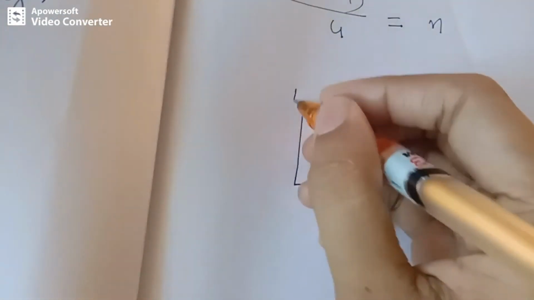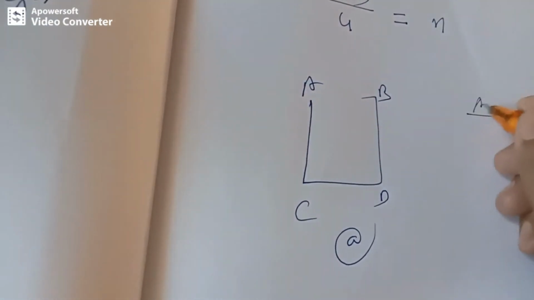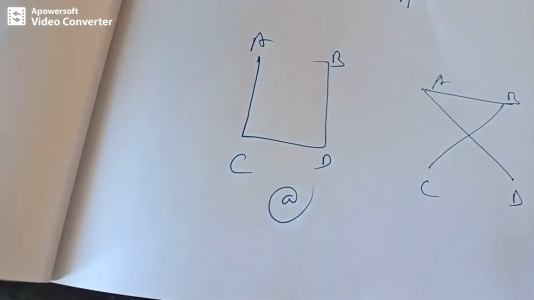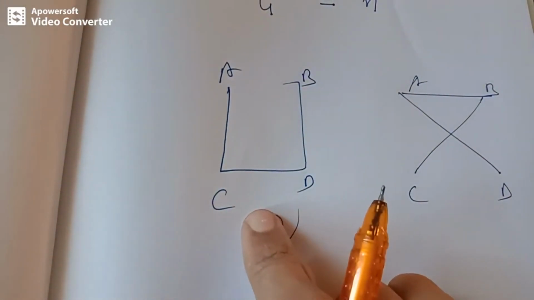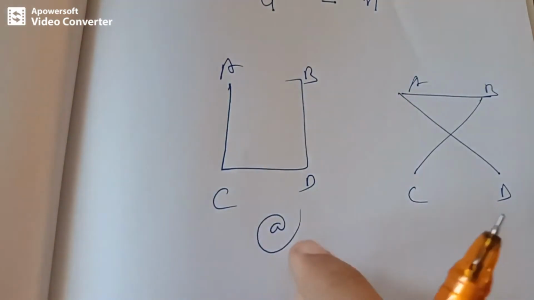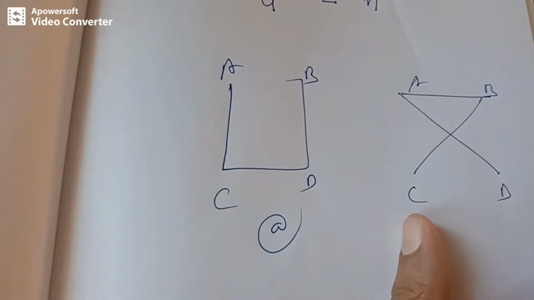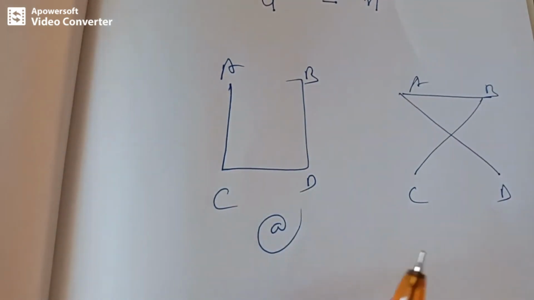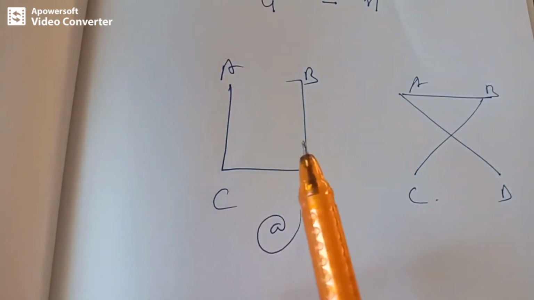Let us take this graph A, B, D and C, and another graph A, B, C, D. These are the two graphs. We can say that the first graph is a self-complementary graph with 4 vertices.